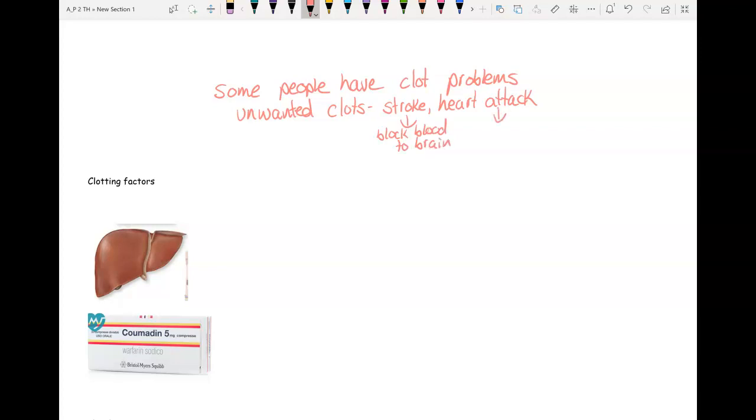And a heart attack would be blocking blood to a part of the heart. So people who are at high risk for these conditions can take medicines to reduce their ability to make blood clots.